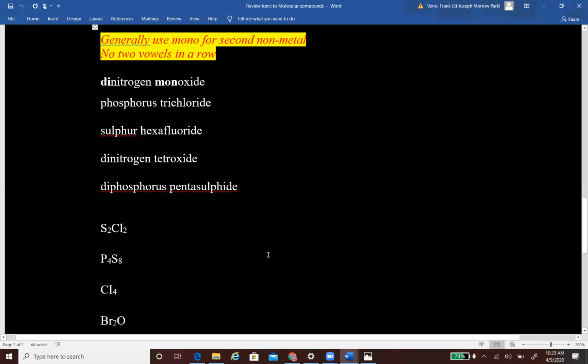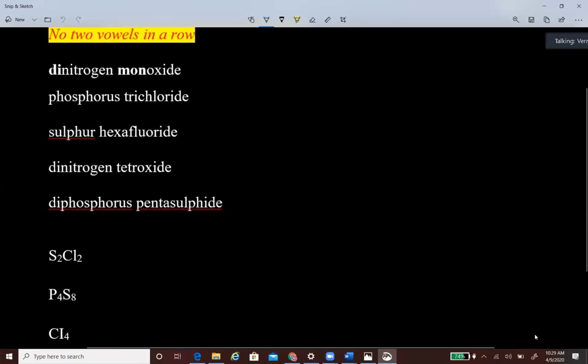So you would not say mono-oxide, because there are two vowels in a row, so you just drop one of the vowels: monoxide. The prefix tells you exactly how many of each you need.